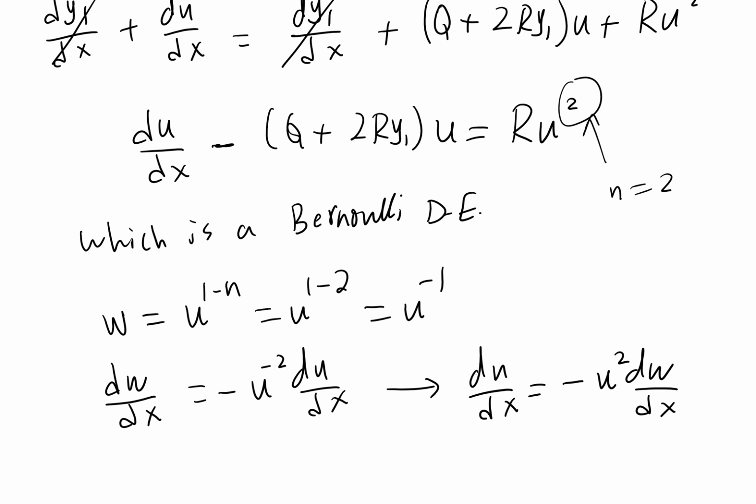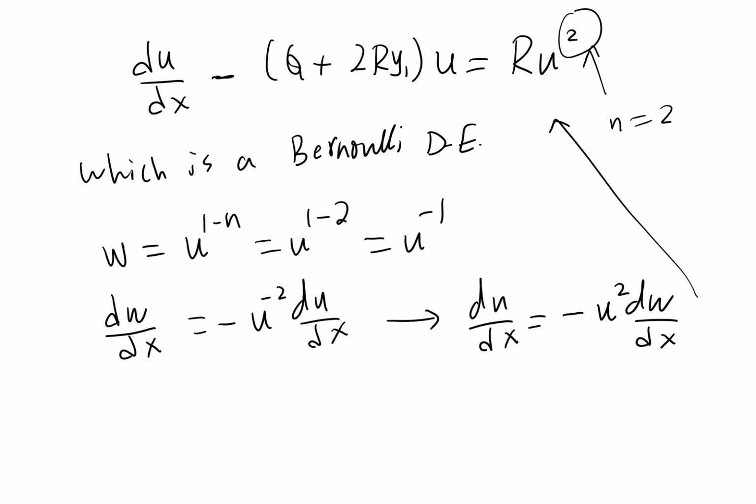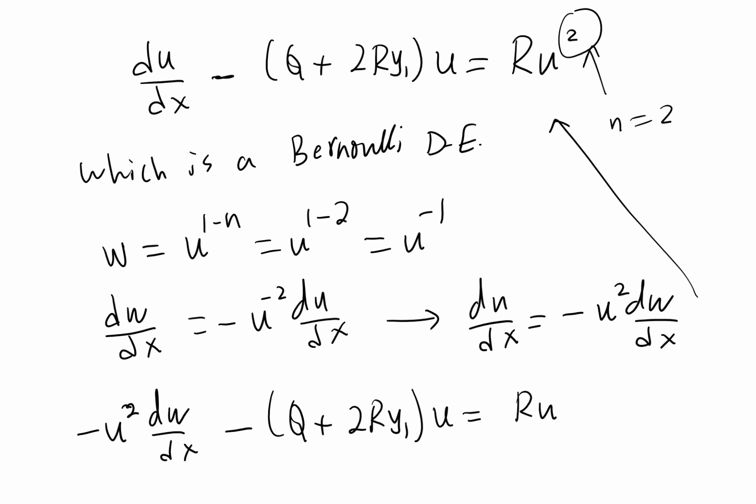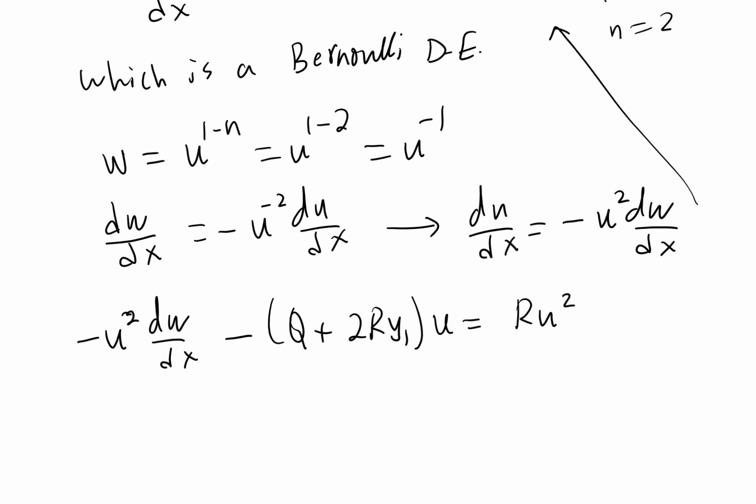Now, after we got this, we're going to substitute it back in there. The du/dx can be replaced with negative u squared dw/dx, minus, keeping this the same, q plus 2r y1 times u, just keeping u for now, we need things in terms of u, equals r u squared. Divide everything by negative u squared.